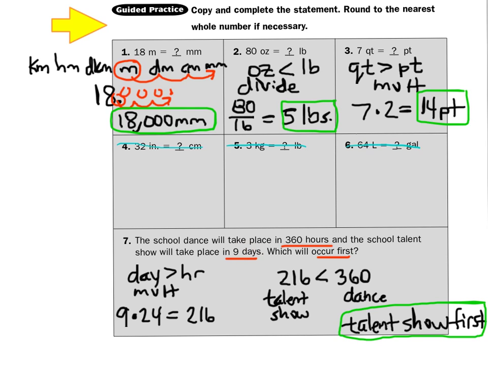So take the 9 days, the 9, and multiply by 24, because remember, there are 24 hours in one day, and that would give us 216 hours. So then I would write 216 hours, 360 hours, and of course 216 is smaller, so that means that the 216 represents the talent show, and that means the talent show is going to happen first.